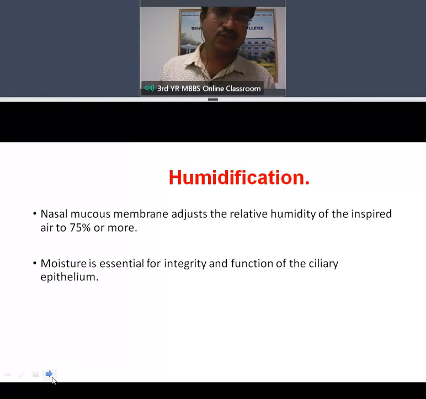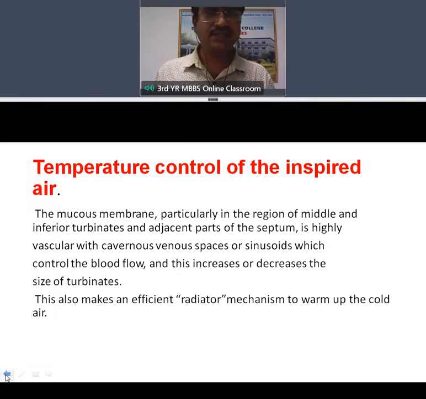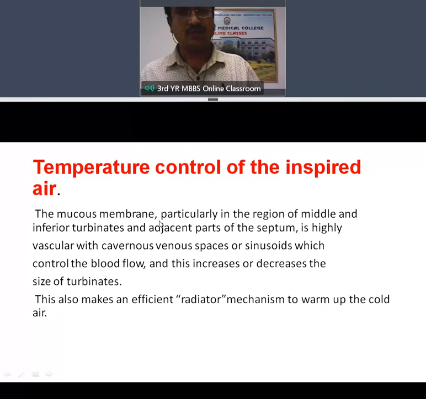So the second function is temperature control of the inspired air. The mucous membrane, particularly in the region of the middle and inferior turbinates and the adjacent part of the nasal septum, is highly vascular, with cavernous venous spaces or sinusoids which control the blood flow, and this increases or decreases the size of the turbinates.